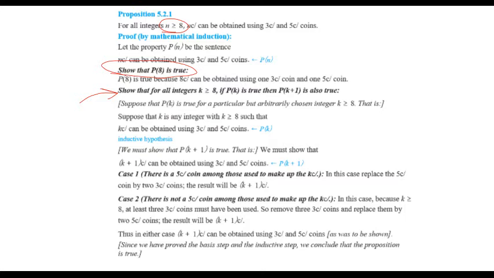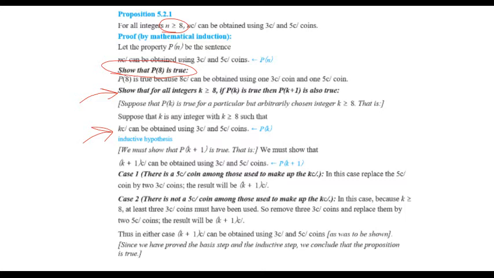This is a universal conditional statement, so you first have to know what the condition is. The condition is P of k is true, which says k cents can be obtained using 3-cent and 5-cent coins. We need to consider this hypothesis to be true if we want to prove the inductive step.